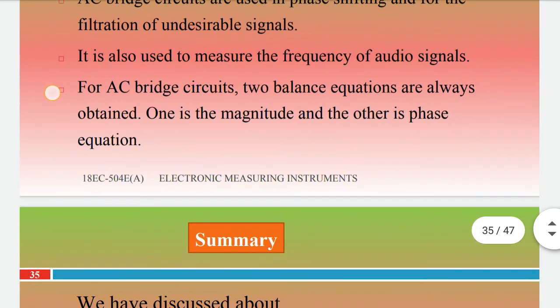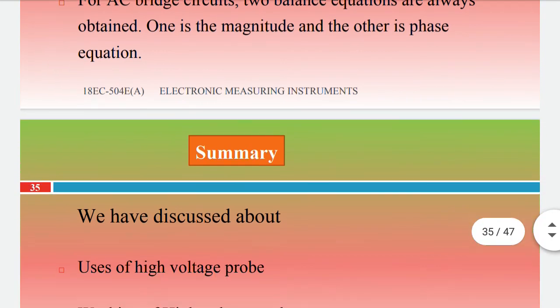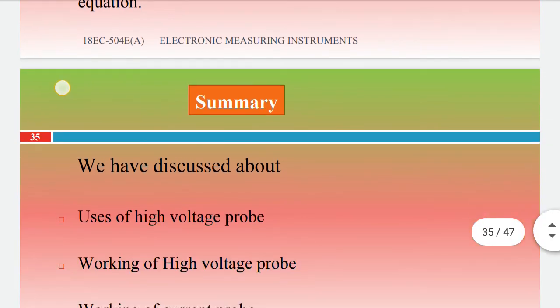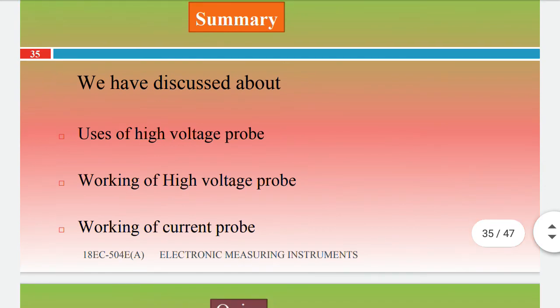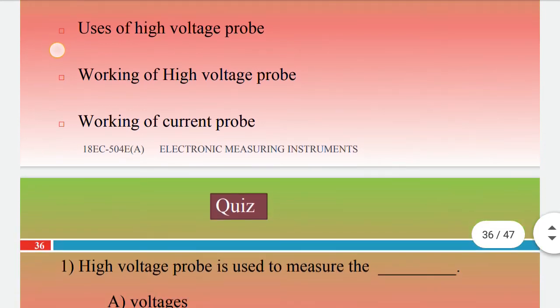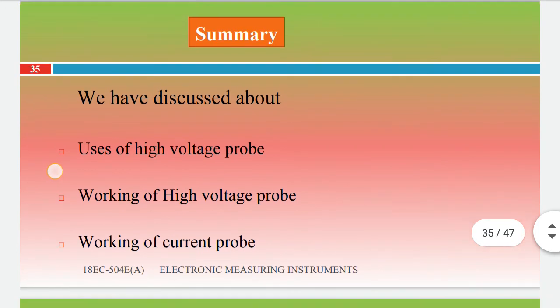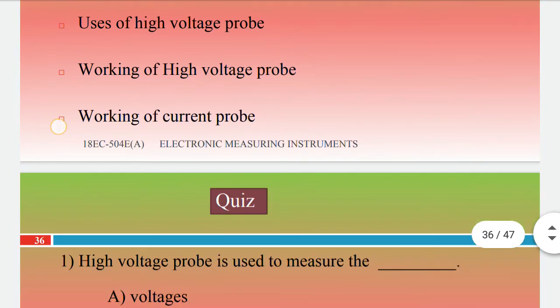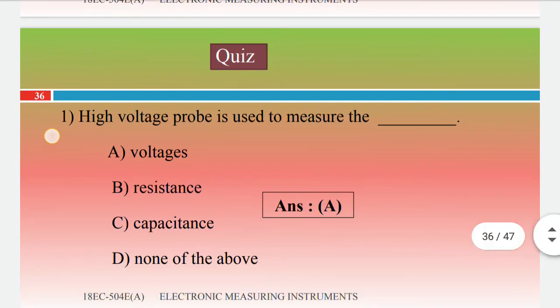Now let us summarize the topics we have discussed so far. First, we discussed the use and working of the high voltage probe and the working of the current probe, and also the construction of the AC bridge and the conditions for bridge balance. Now let us come to the quiz part.